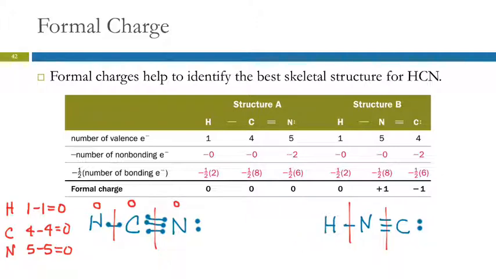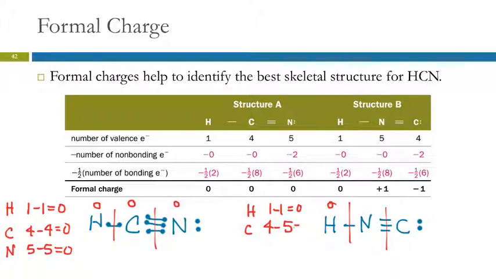Well, again, hydrogen has one valence electron, and when it leaves this, it's going to take half of that bond, which is one electron. So that's going to have a zero formal charge. I'll do carbon next. Carbon has 4 valence electrons. When this carbon leaves, it's got 1, 2, 3, 4, 5.